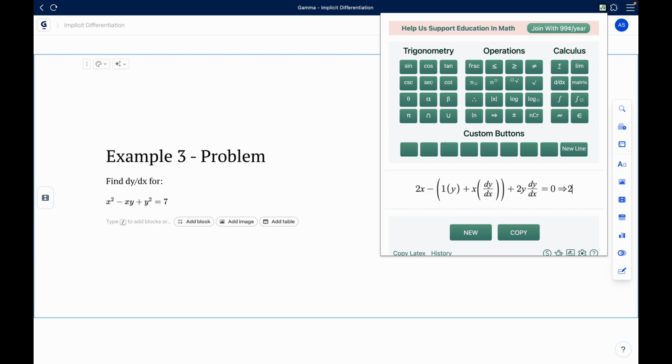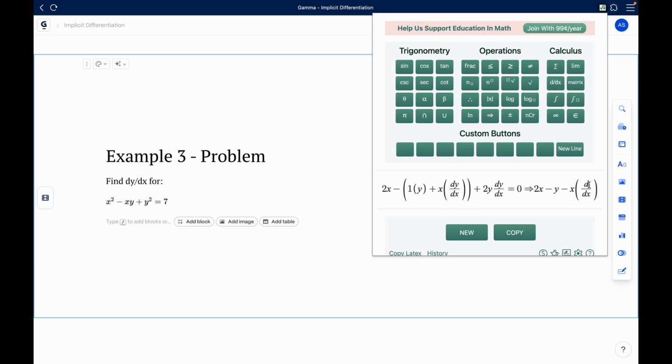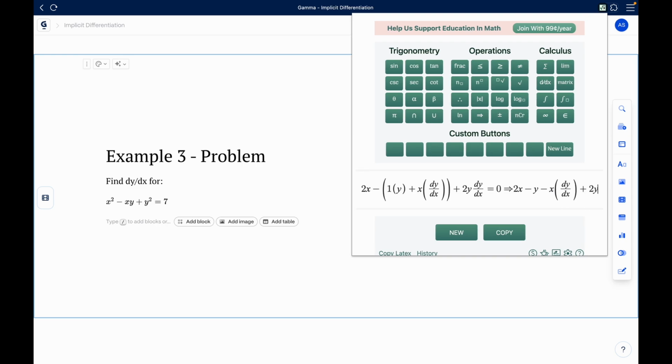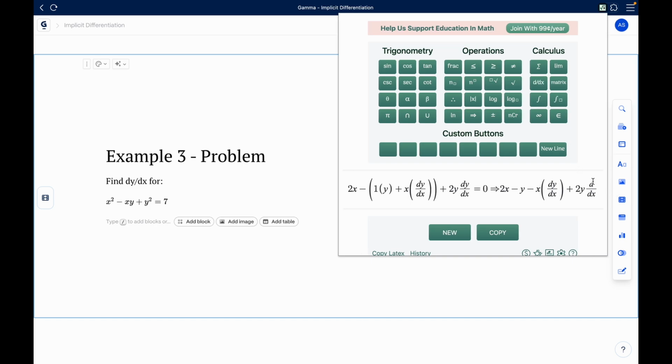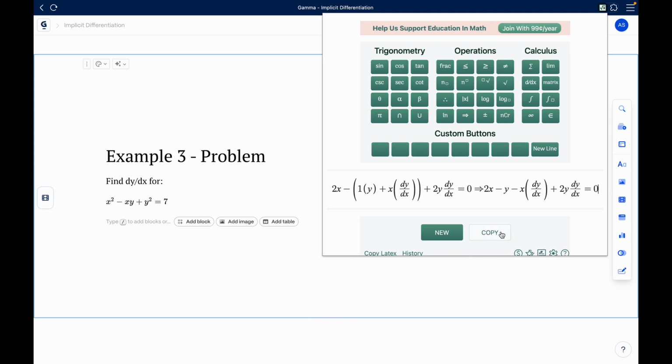So we have 2x minus y minus x multiplied by dy/dx. After that, we have 2x minus y minus x times dy/dx plus 2y times dy/dx. And that's pretty much the first part of our example.